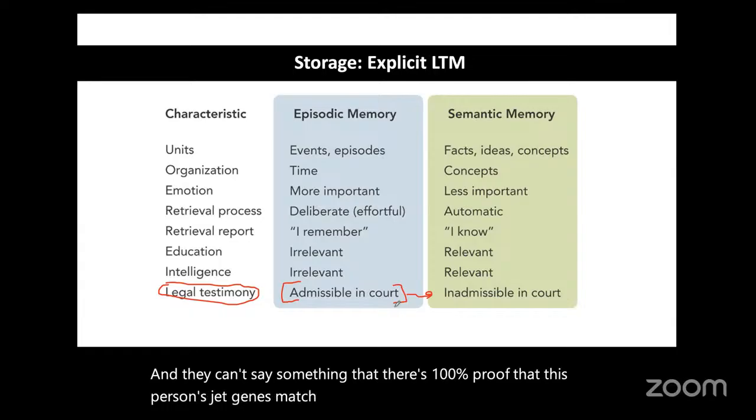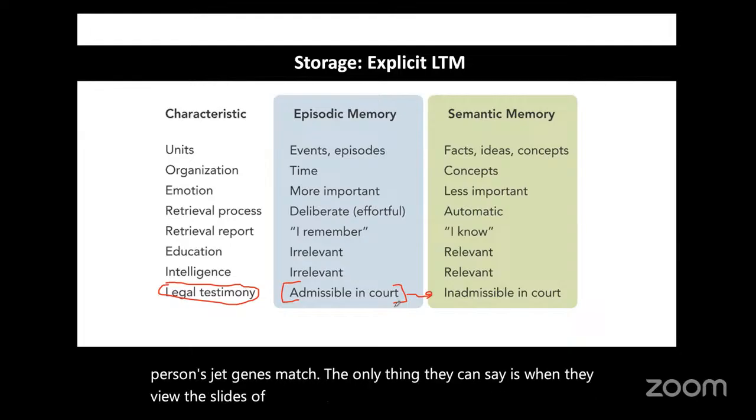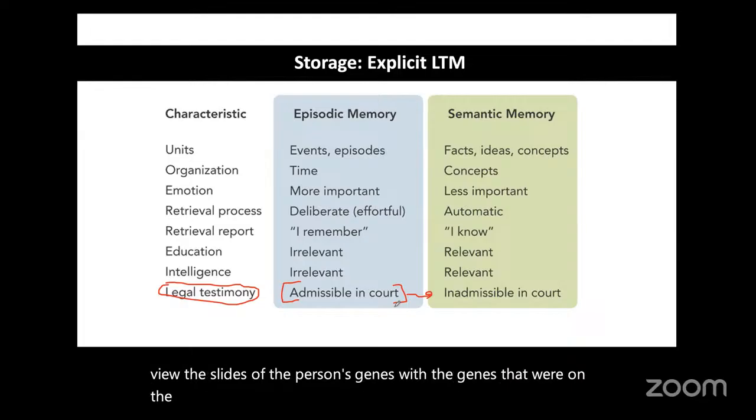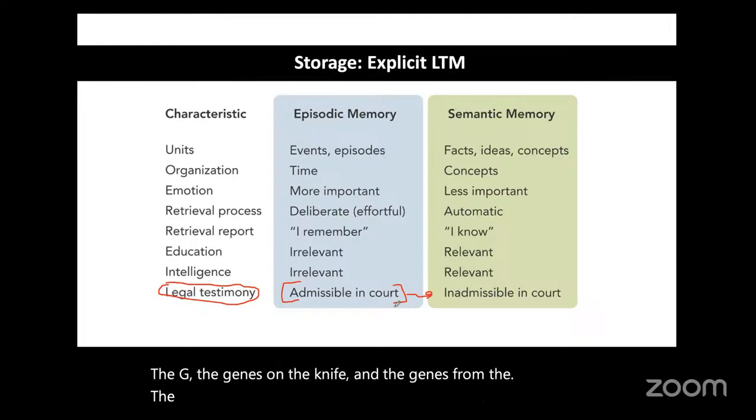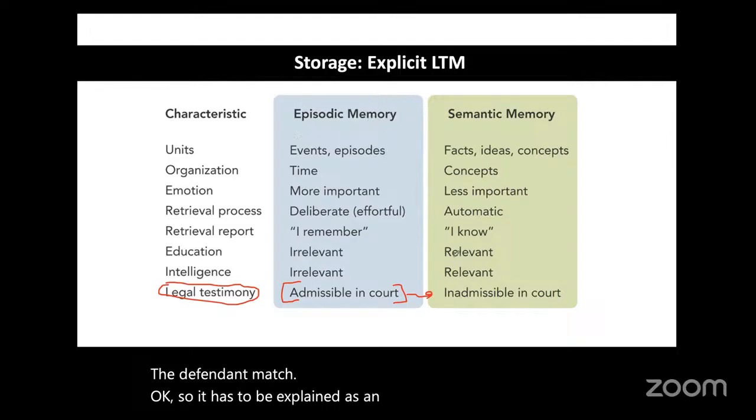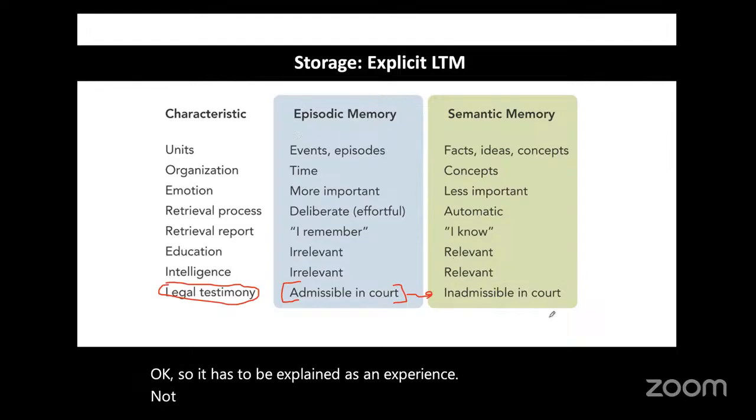The only thing they can say is that when they viewed the slides of the person's genes with the genes that were on the murder weapon, they looked closely related. And in my expert opinion, the genes on the knife and the genes from the defendant match. So it has to be explained as an experience, not as a fact.